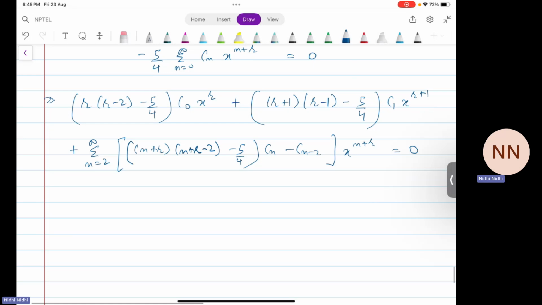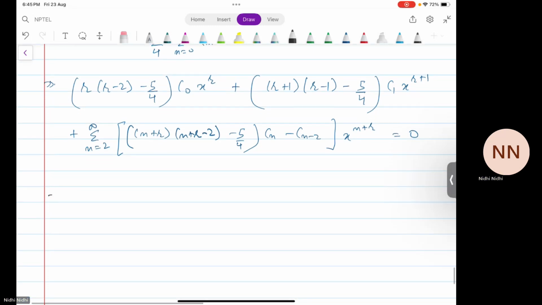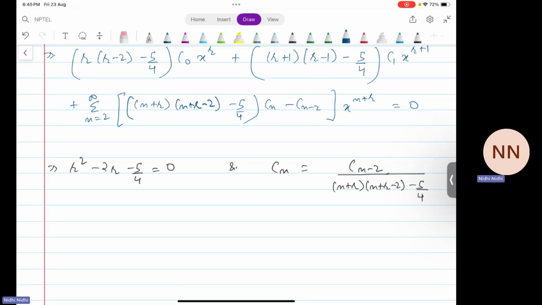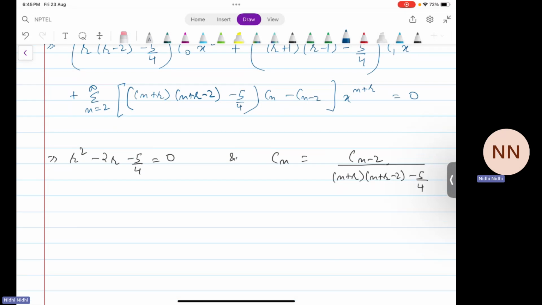So from here we get r square minus 2r minus 5 by 4 equal to 0, and Cn is equal to Cn minus 2 by (n plus r)(n plus r minus 2) minus 5 by 4. So let's find the roots of the indicial equation.